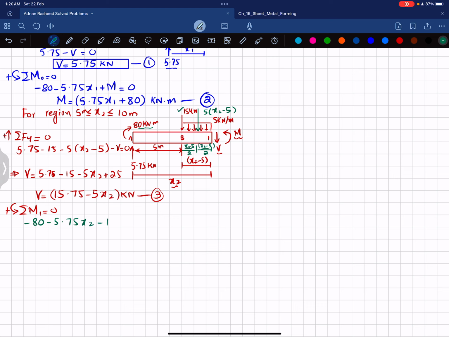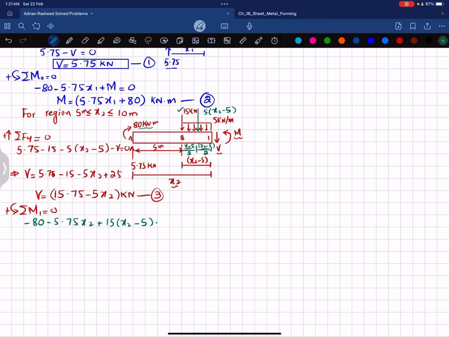And this is producing counterclockwise movement. Why? Because you can see this is the force and this is the perpendicular distance, so it is producing counterclockwise movement, so it will be positive. And the second last one is this force into perpendicular distance, this x2 minus 5 divided by 2, and this is also producing counterclockwise movement, so it will be positive.